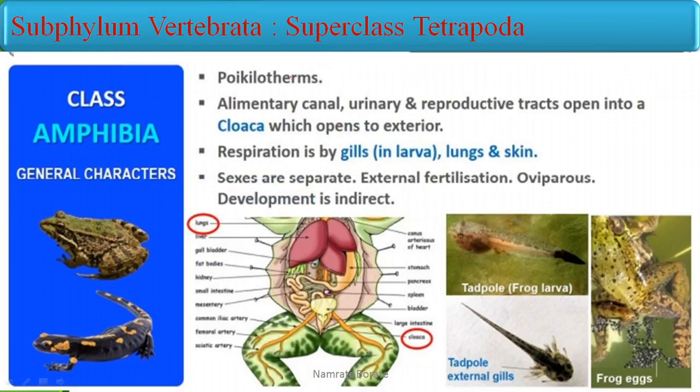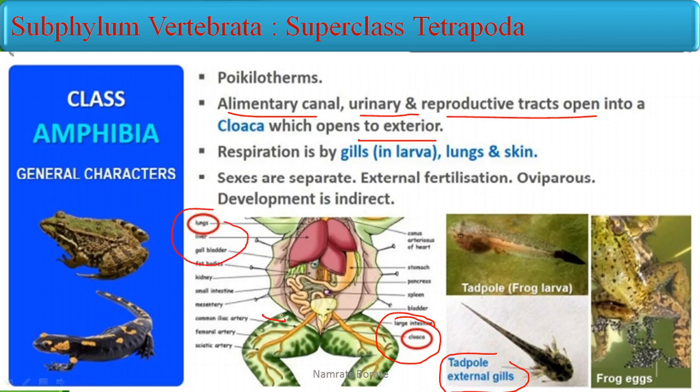Next, they are poikilotherms, means they are cold-blooded. The alimentary canal, urinary and reproductive tract open in a common opening known as a cloaca, which opens to the exterior. Respiration occurs by means of gills in the larvae and lungs, or it may be by means of the skin.